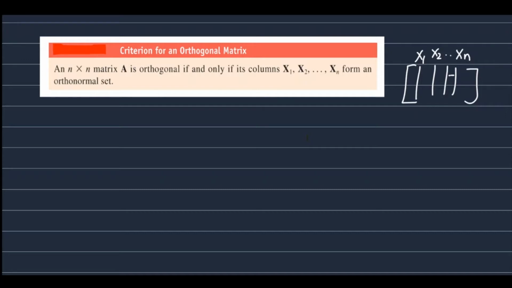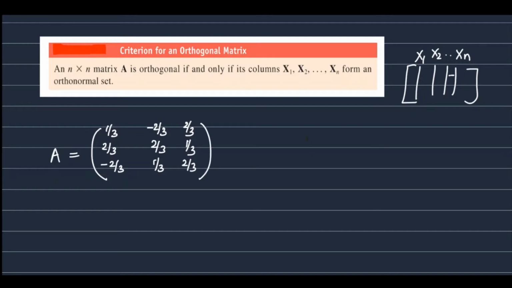For example, we will see the matrix A, which we have already proved is an orthogonal matrix, with entries 1 by 3, minus 2 by 3, 2 by 3, 2 by 3, 2 by 3, 1 by 3, minus 2 by 3, 1 by 3, 2 by 3.